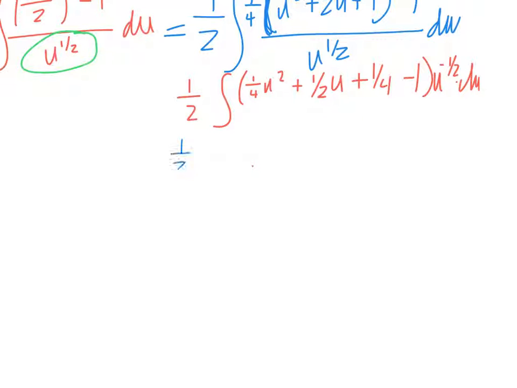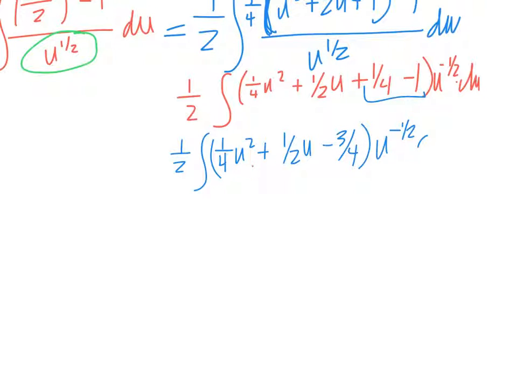I'm just rewriting this. I can do 1/4 minus 1 and get minus 3/4. I need to multiply everything by u to the negative half. So I'm going to have 1/4.